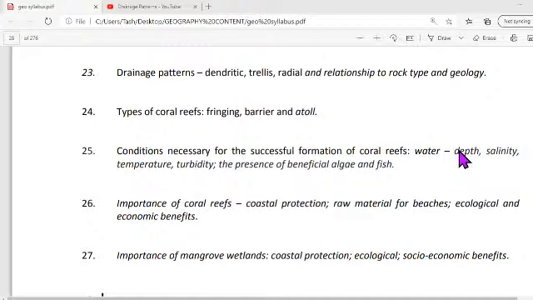So those are the importance that the mangroves would provide. I have a PowerPoint on it somewhere. Can't remember where at the moment, but there is one. So we're just going to look at the syllabus to see if we can work through that.